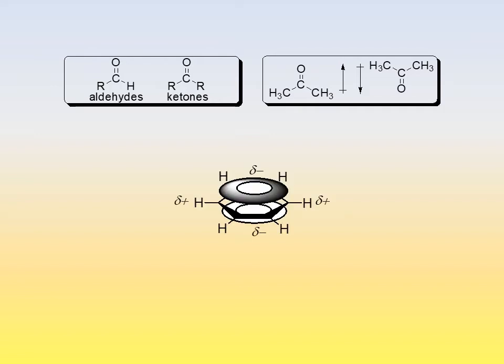Another important group is aromatic molecules, such as benzene. They would appear to be non-polar, but actually they are polar. They exhibit what is called electrical quadrupole. So they have pi electron density above and below the ring, and so that's where partial negative charge is concentrated, while along the equator of the ring there is partial positive charge.